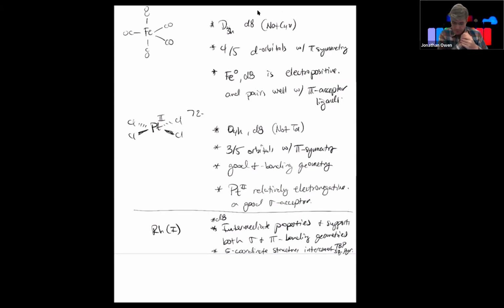So when you look at d8 complexes in that square, iron 0, rhodium 1, platinum 2, you're getting to a more oxidizing thing as you go toward platinum 2, more electron withdrawing, better sigma bonder. You go to the left, better at pi back donation. Okay, so the geometries that you typically see reflect that kind of thing.